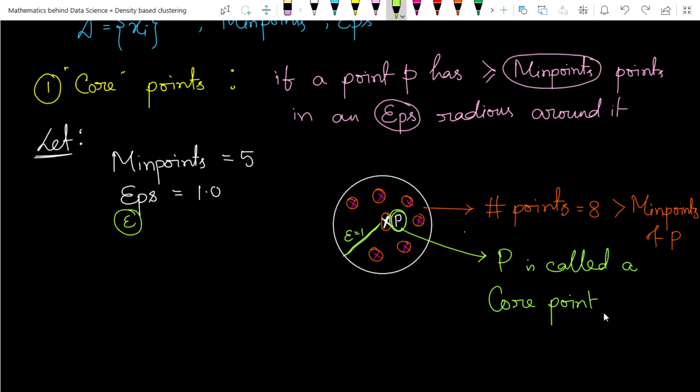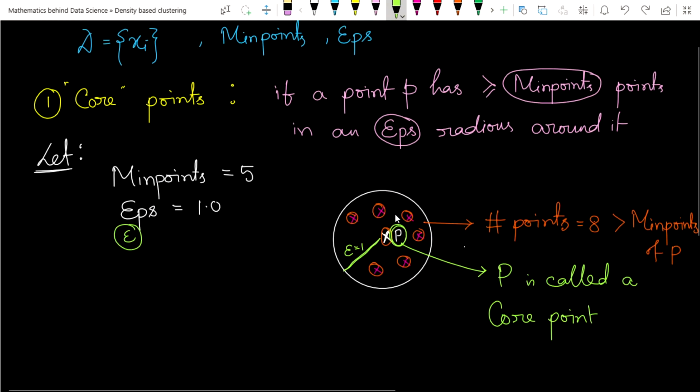The simple idea behind a core point is that if a point has a greater than or equal number of min points in some epsilon radius around it, then we call this point a core point.